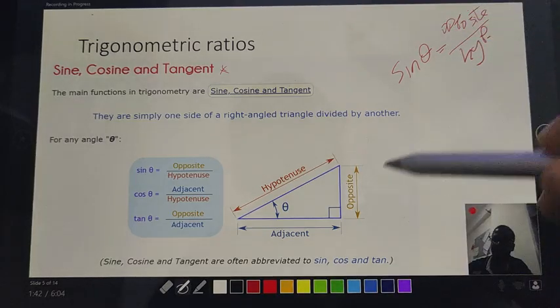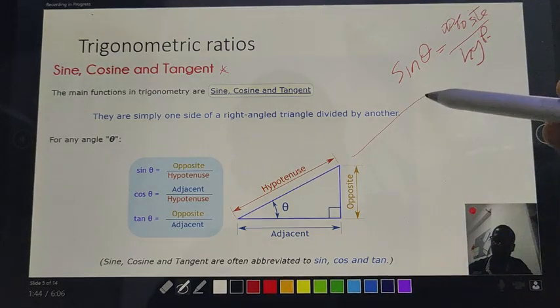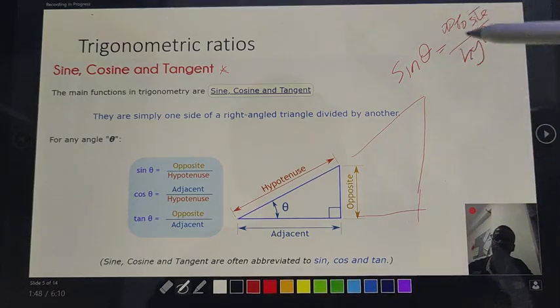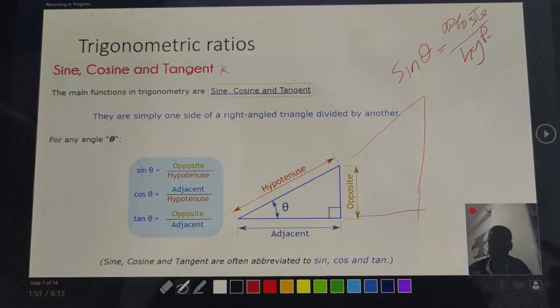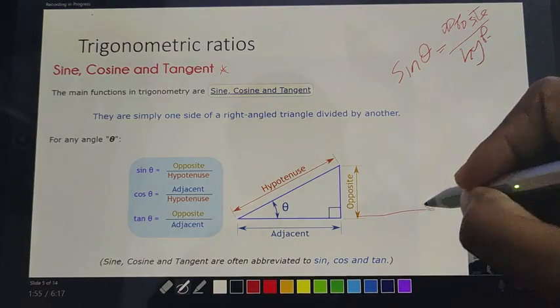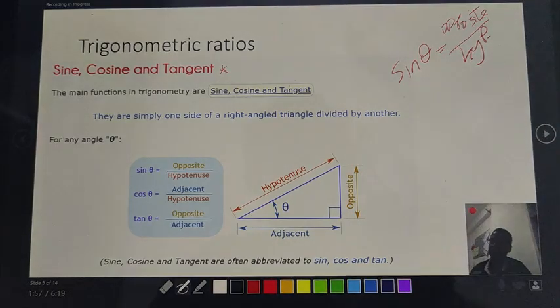This triangle can be any size, but that ratio will always be the same. That ratio will always be the same. So it is of much importance.